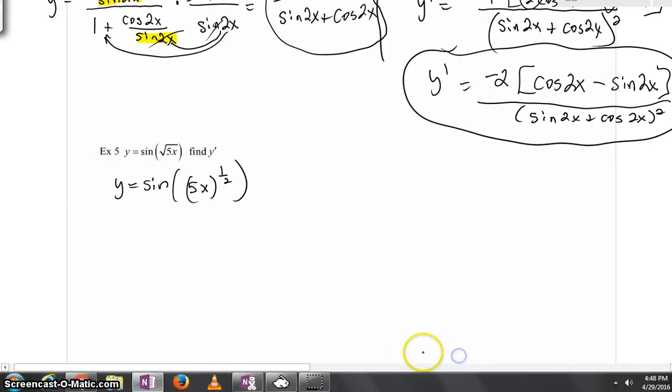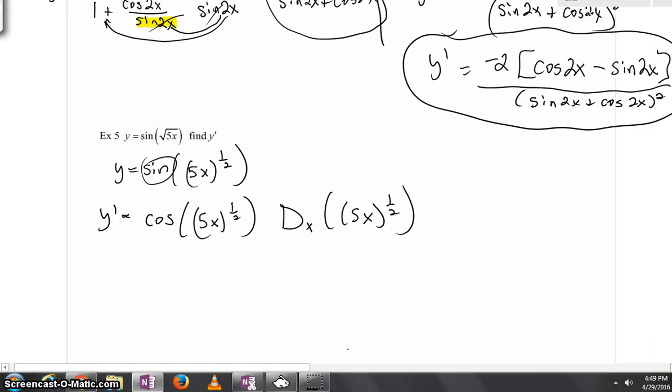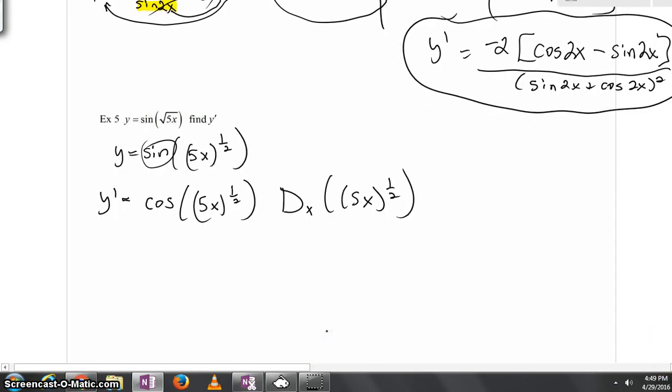So how do we deal with this? What can we do? Well, take the derivative of the outside function. That would be cosine. Now keep that inside in here. You'll have 5x to the 1/2. If it's helpful, maybe right now you could think of this as saying, now I have to take the derivative of the inside. And yes, that derivative of the inside is going to be more complicated, of course.